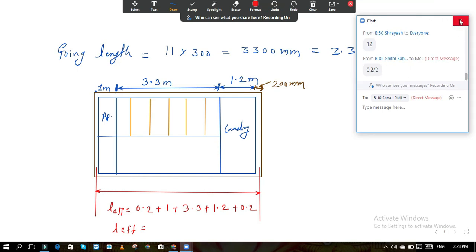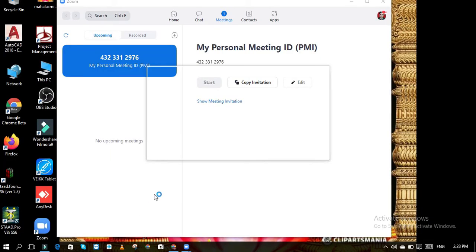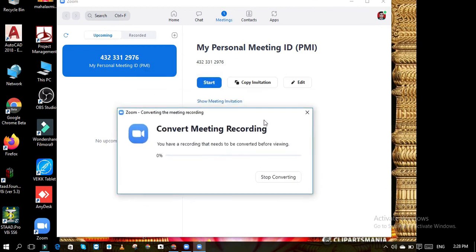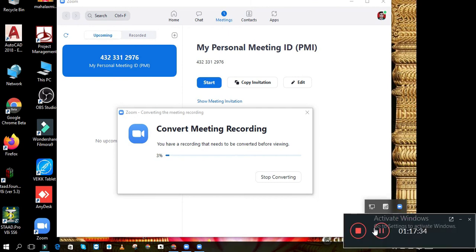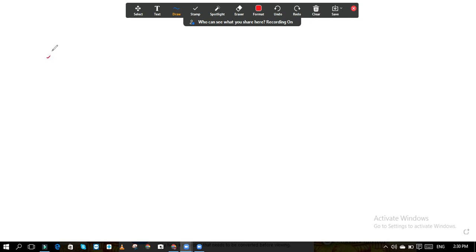Okay, 0.2 by 2, correct. L effective, that is what we were talking about. So L effective is equal to, the width of support is 0.2.